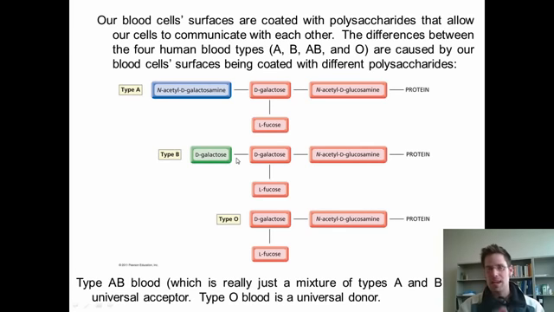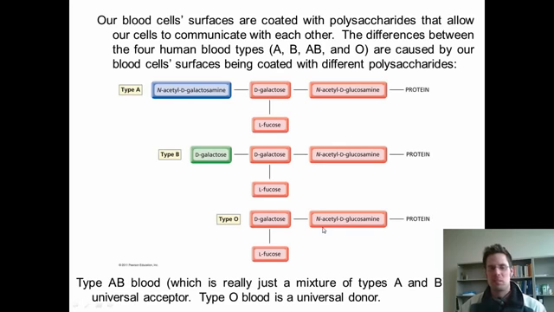People who have type AB blood actually have mixtures of both type A and type B together. People with type O blood do not have the N-acetyl D-galactosamine or D-galactose dangling off of it. All they have is this sugar pattern coming off of the surface of their blood cells.